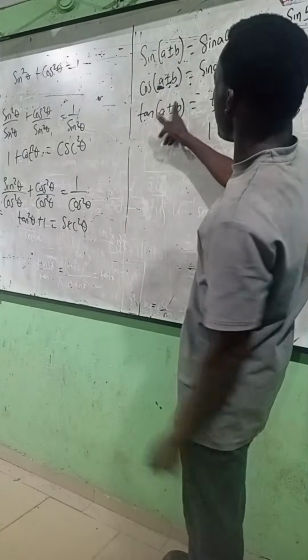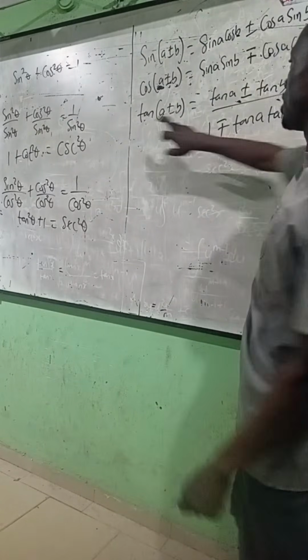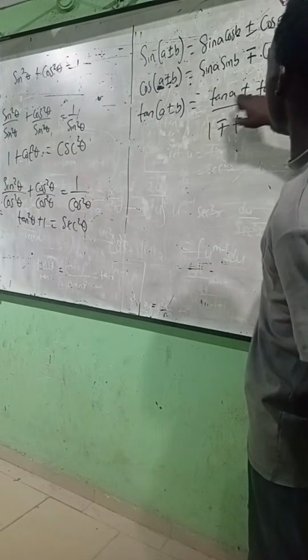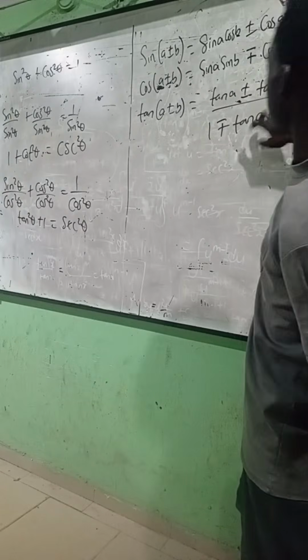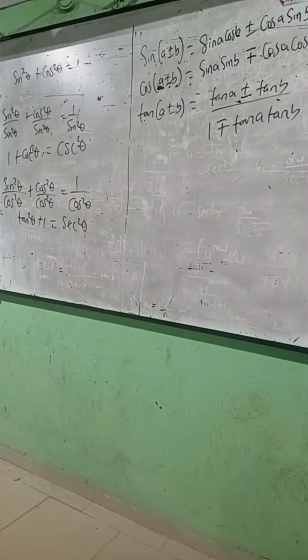That is, tan (A plus B) gives us tan A plus tan B over 1 minus tan A tan B. Tan (A minus B) gives us tan A minus tan B over 1 plus tan A tan B. Are we together? Yes. So those are the things you need to know.